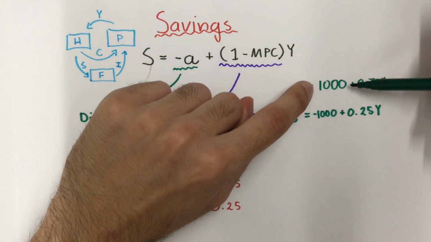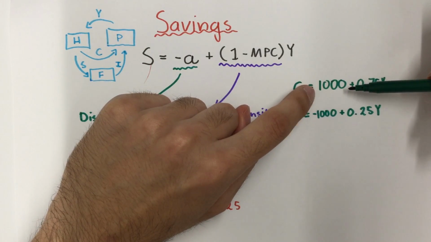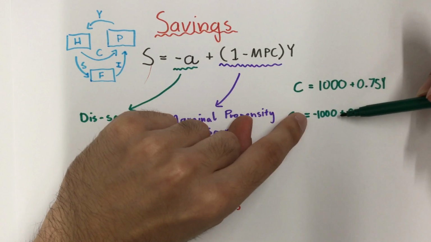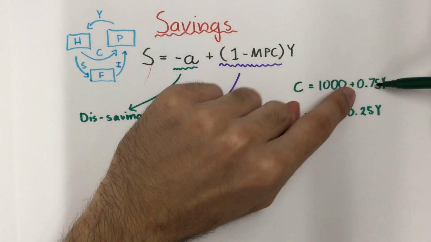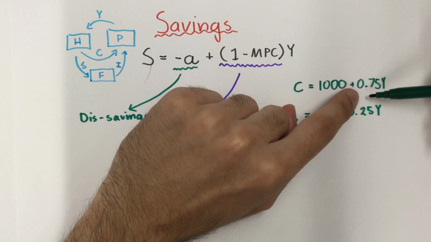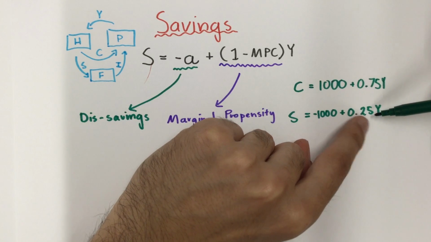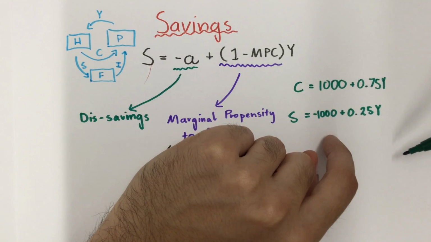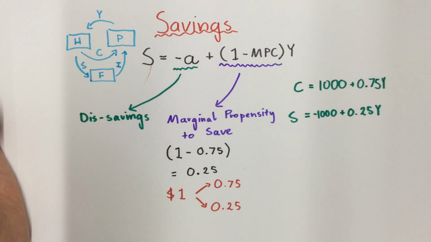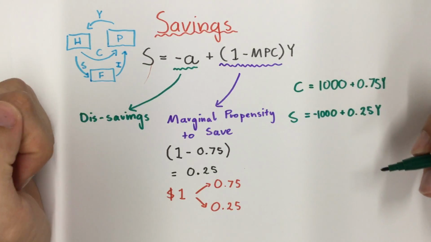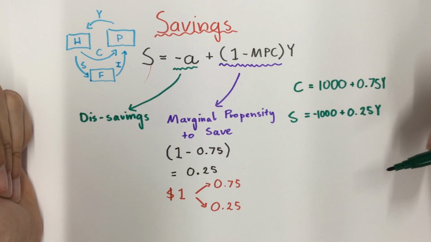If your autonomous expenditure is 1,000 and you must spend this even when income is 0, then your dissavings will be negative 1,000. If your marginal propensity to consume was 0.75, then your marginal propensity to save is 0.25, dependent on Y. So this is our savings function, very much dependent on consumption, very much dependent on changes in income.